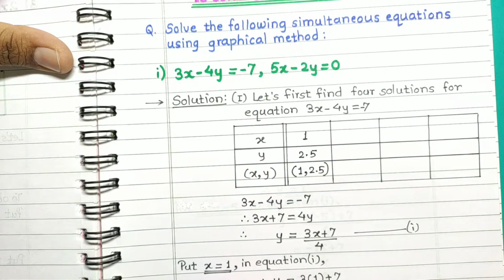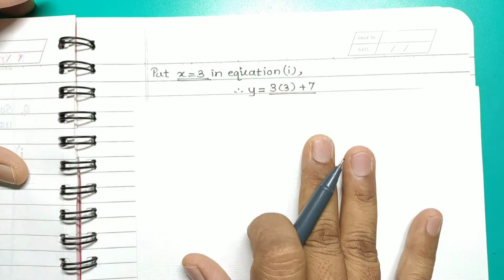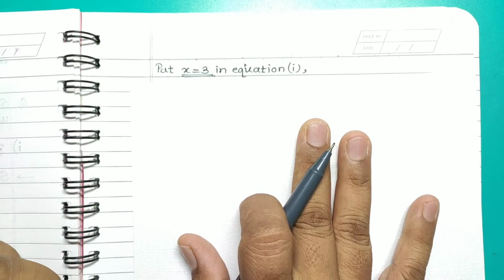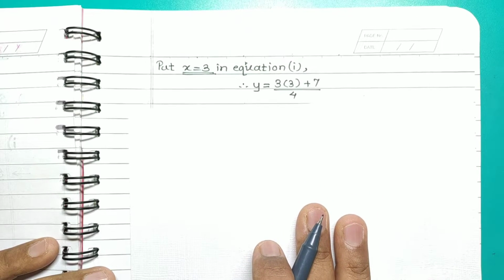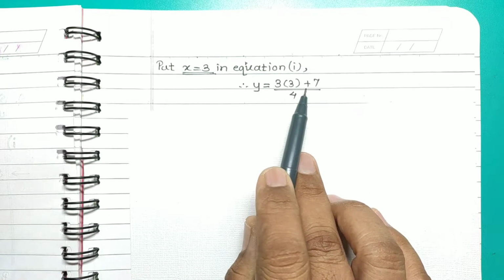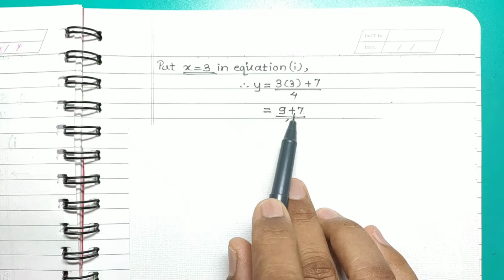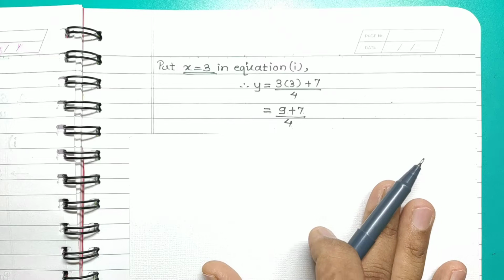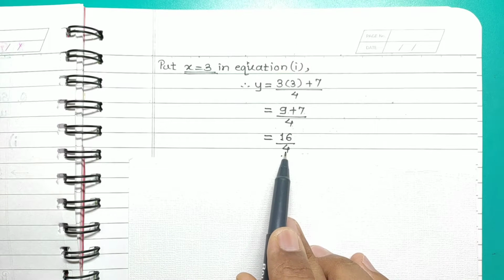Okay, then let's put the value x is equal to 3 in equation 1. So equation 1 gives y is equal to (3 into 3 plus 7) upon 4. So it is (9 plus 7) upon 4 and therefore it is 16 by 4.